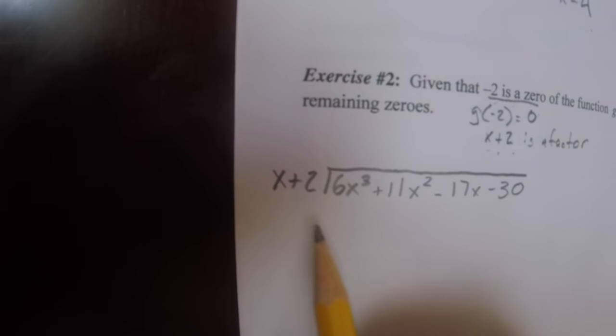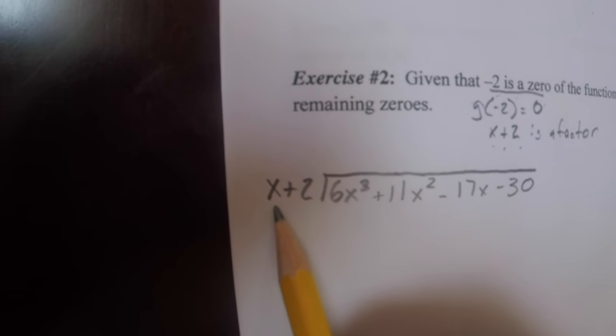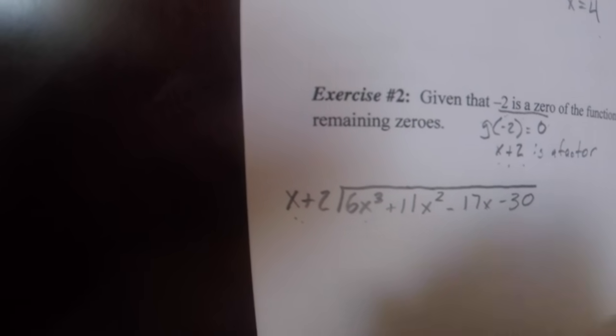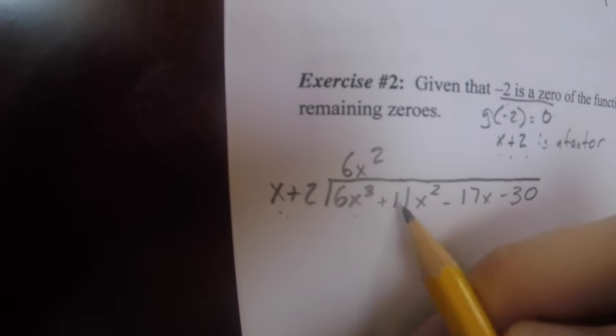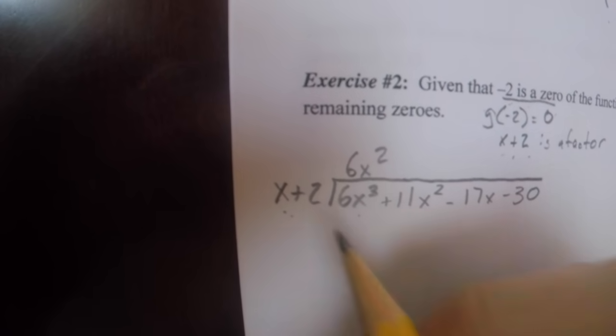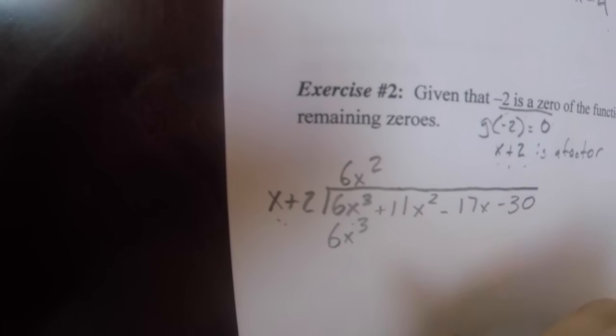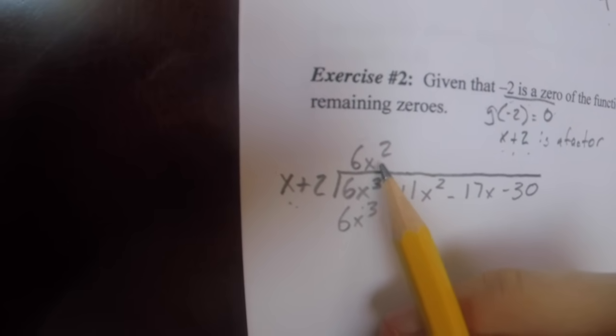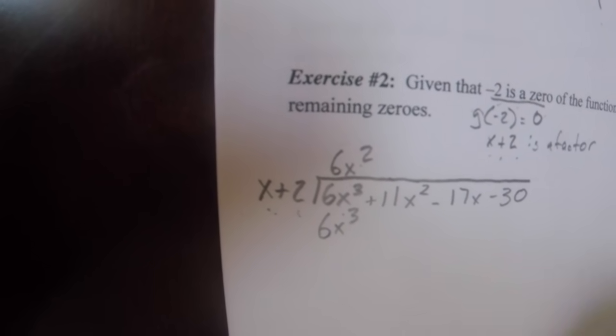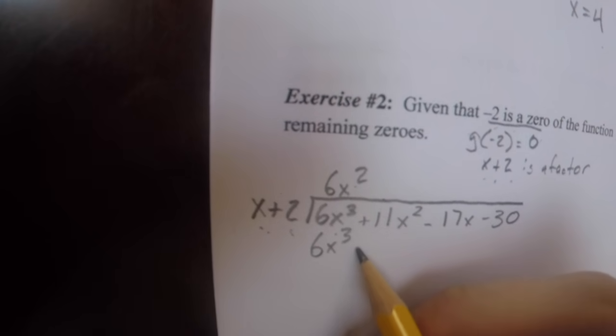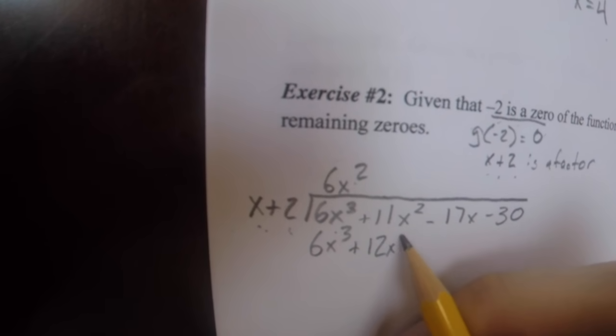All right, so first things first, what can I multiply x by to get 6x to the third? I think that would be 6x squared, and then 6x squared times x is 6x to the third. Now I have to take 6x squared and multiply it by the other term. 6x squared times 2 is 12x squared.